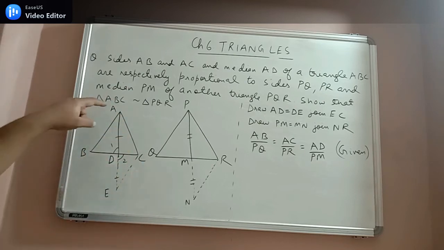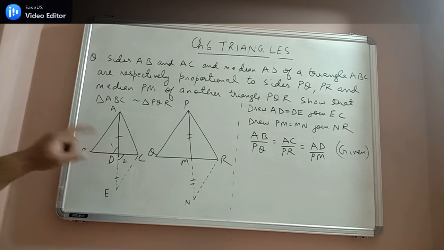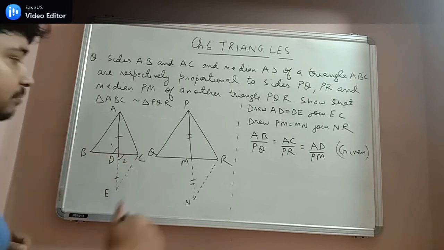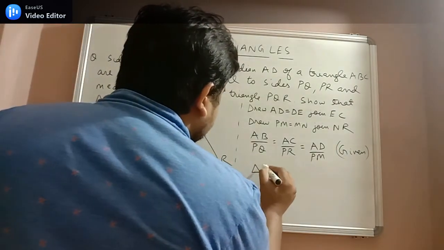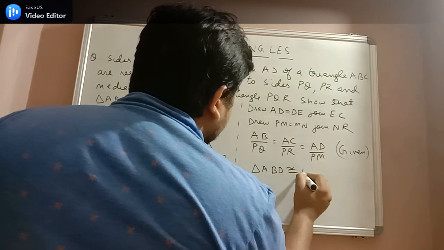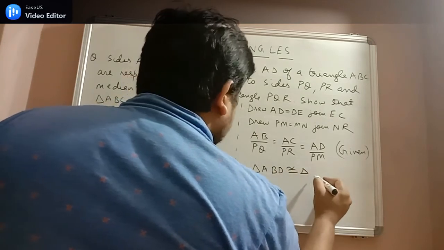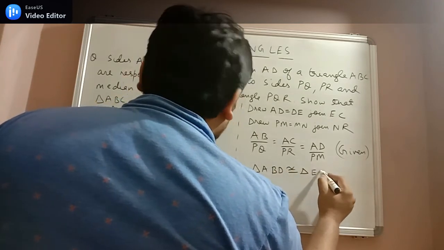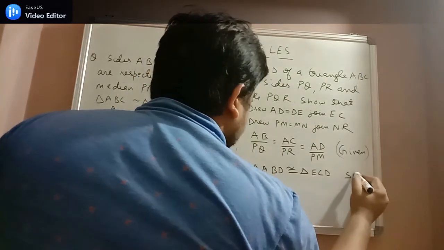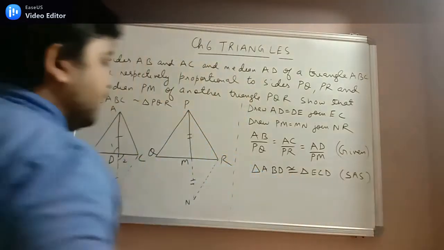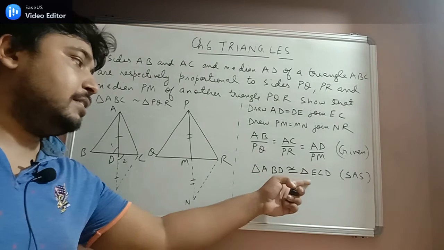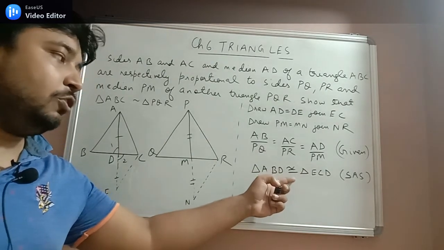So I can say that triangle ABD is congruent to triangle ECD by SAS criteria of congruency.